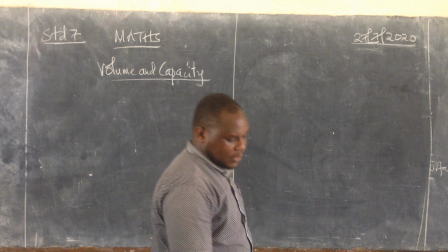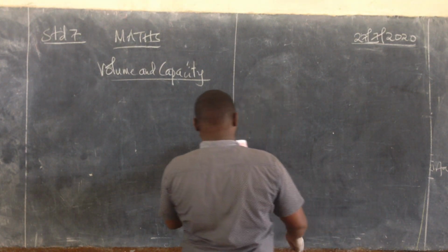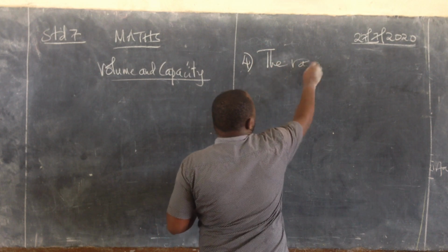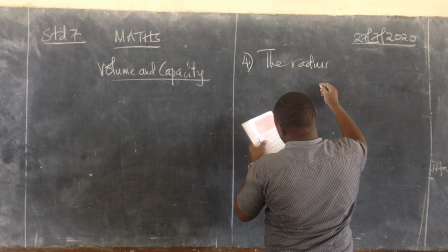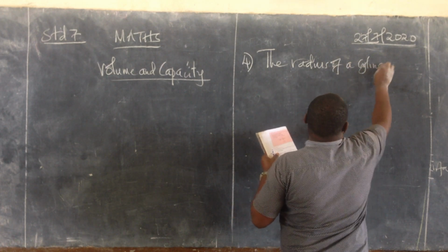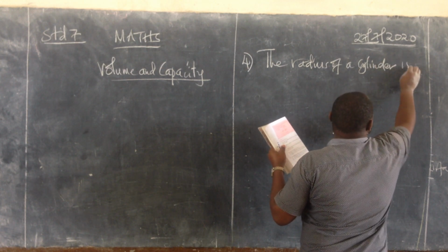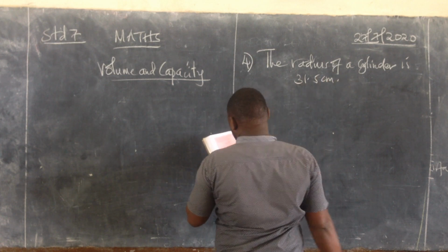The radius of a cylinder, we calculate it here. Number 4. The radius of a cylinder is 31.5 centimeters.